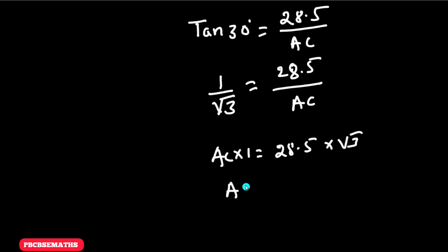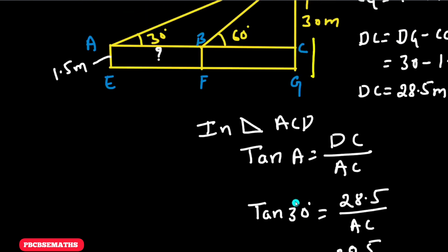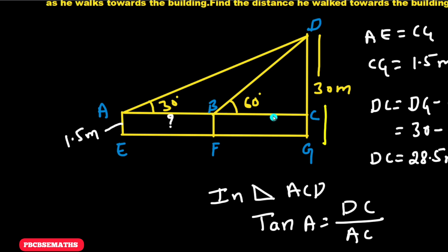So the length of AC is 28.5 root 3 meters.